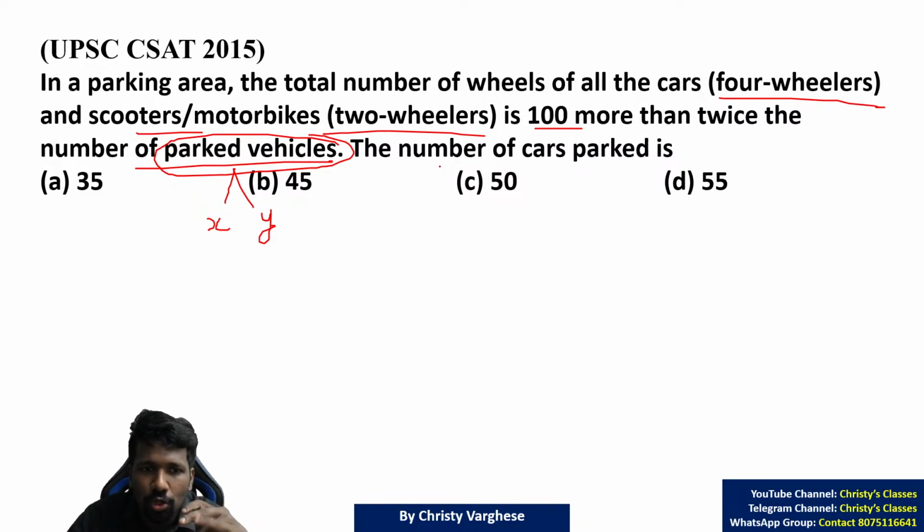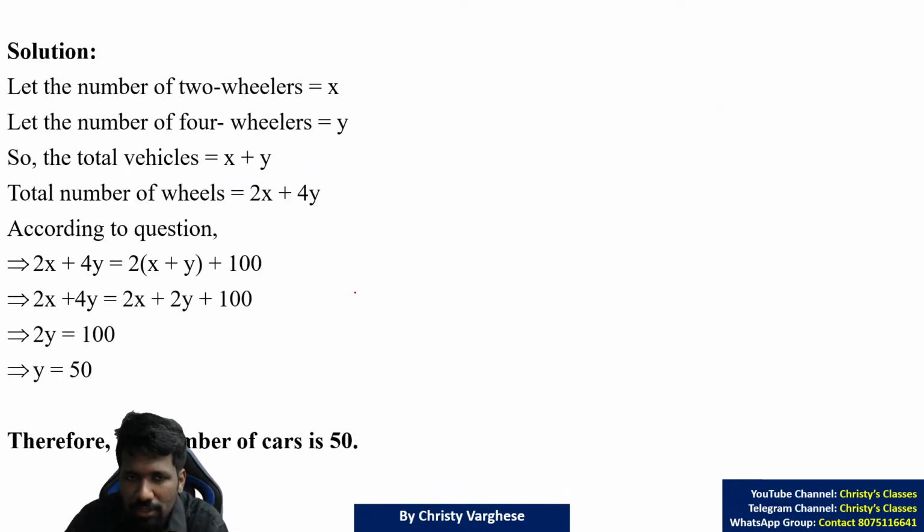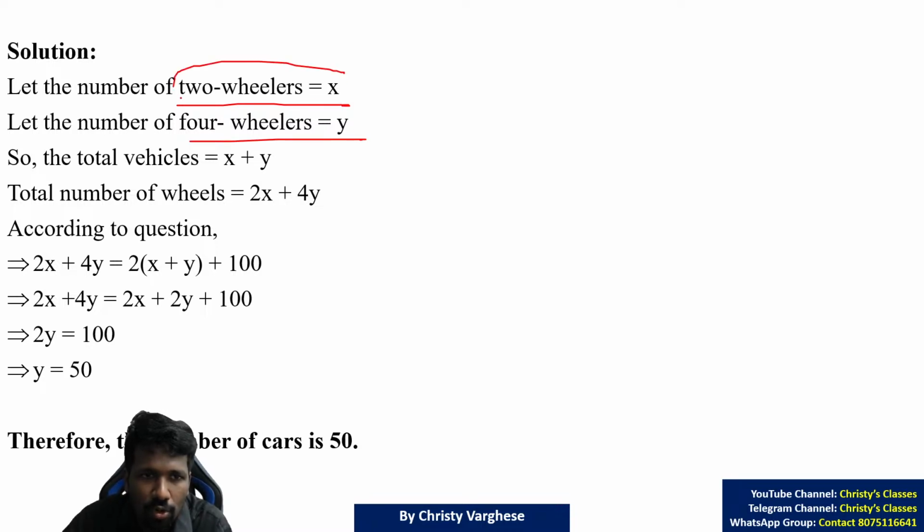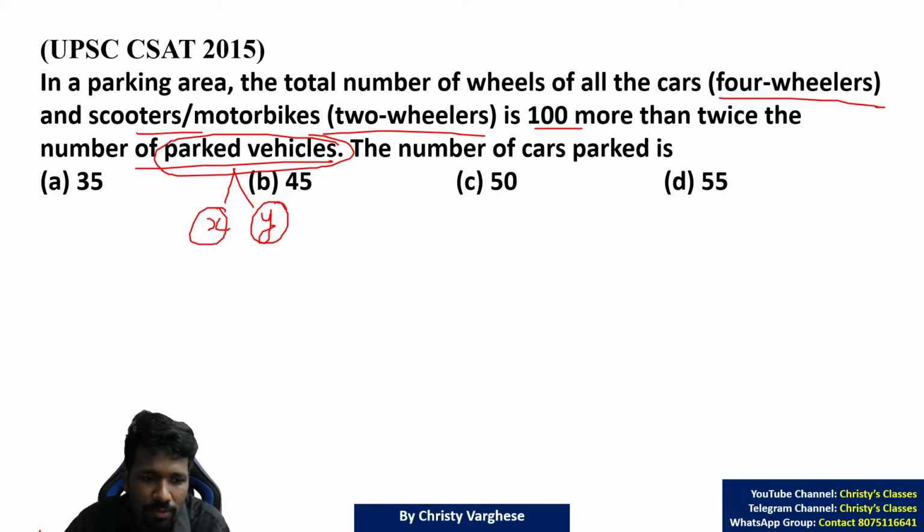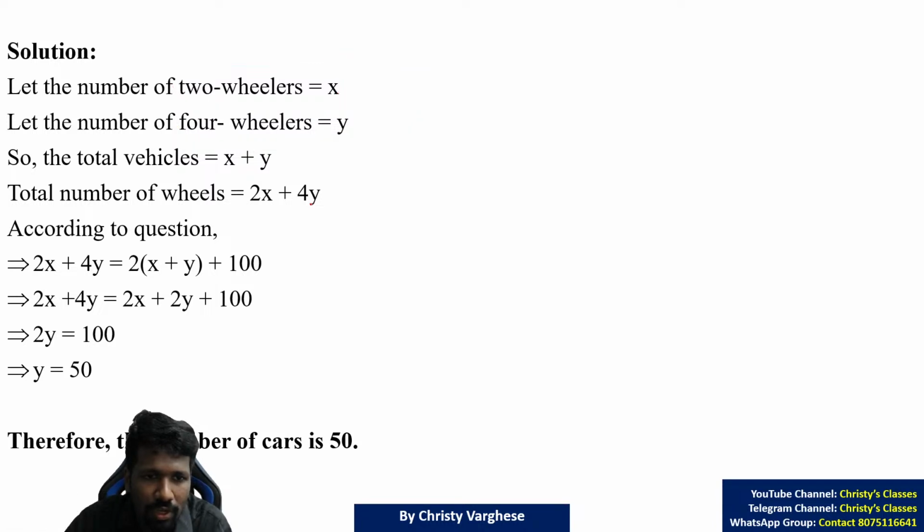So I am taking two separate variables, X for four-wheelers and Y for two-wheelers, or vice versa. In this solution I have taken two-wheelers as X and four-wheelers as Y, so we will follow that. So the total number of vehicles is X plus Y. Clear?